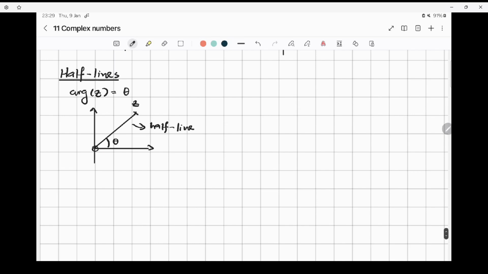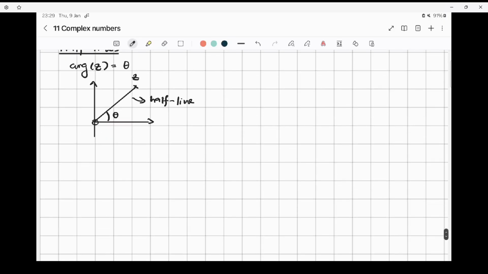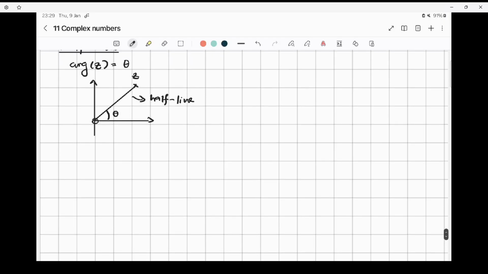So generalizing this kind of idea into locus, what you would have is something like this. The argument of z minus some point equals to some angle theta, for example.